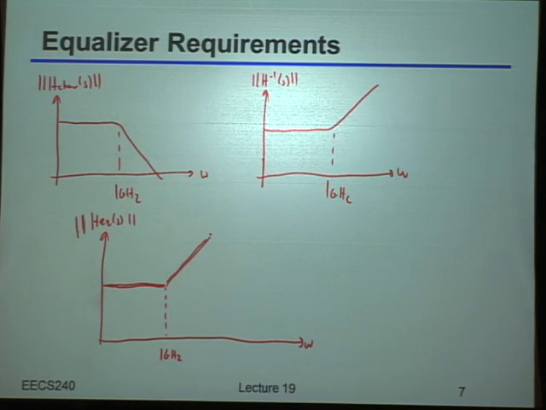Well, in practice, what that typically means is that the way these things will look, and now let me try and draw it a little bit more carefully, is something like this. So this point here is basically the bandwidth of our system. Where I'm basically saying beyond that, I'm not going to try and literally maintain the inverse of the channel.